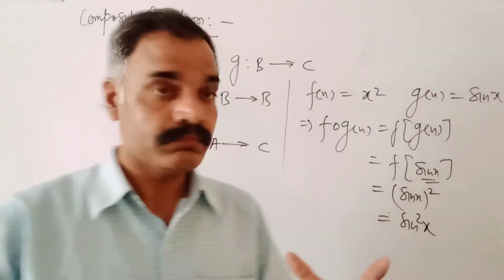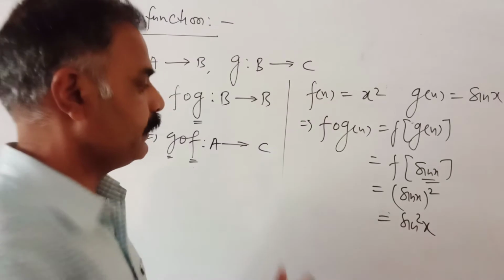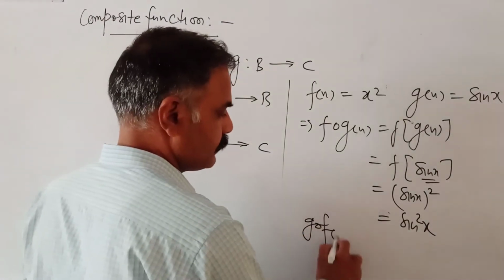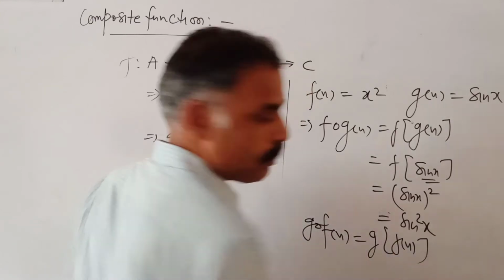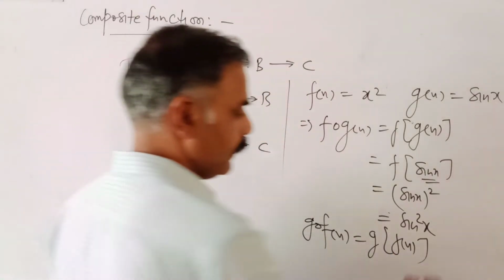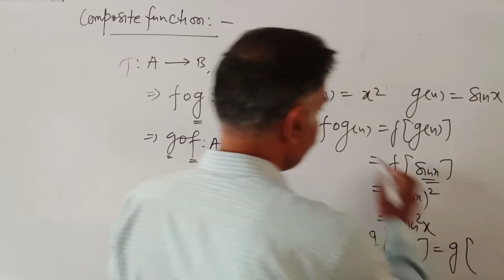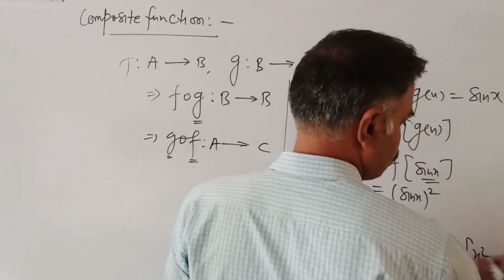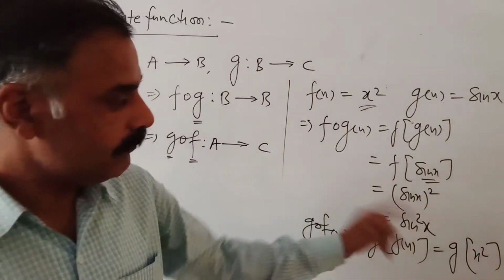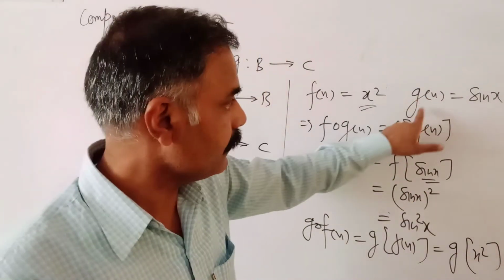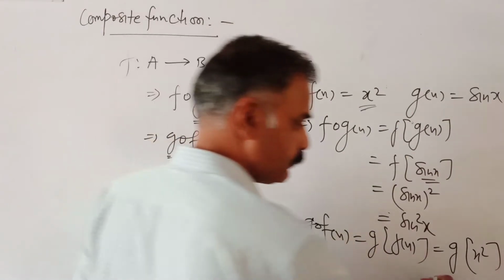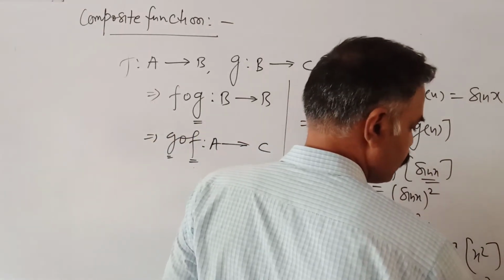And if we want to find gof of x, gof of x equals g of f(x), and f(x) is x square. Now we find the image of x square under g, and the image of x under g is sin x, so g of x square equals sin x square.